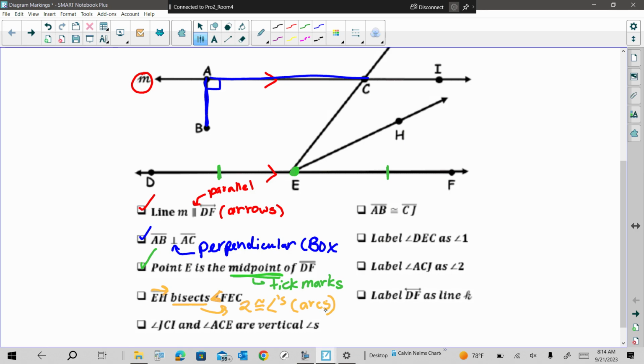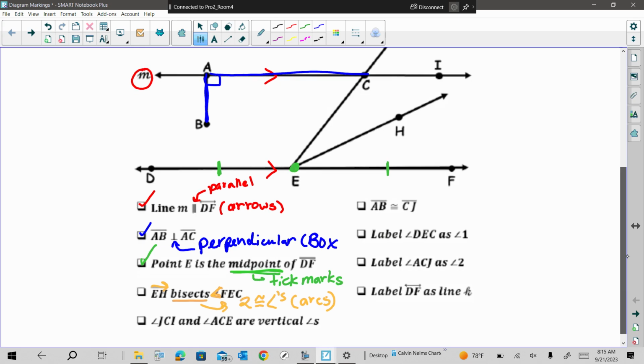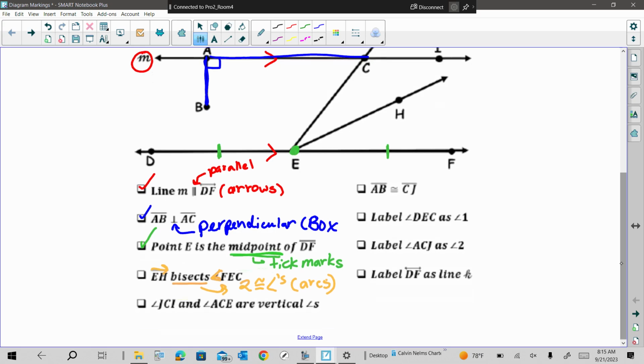Okay. Bisector here is showing two congruent angles, so we need arcs. So this ray from E to H right here, this is the bisector. I'm just going to indicate that's the bisector. Okay, just to make sure we understand. So this ray is bisecting the whole angle. And I'm just going to highlight that angle.